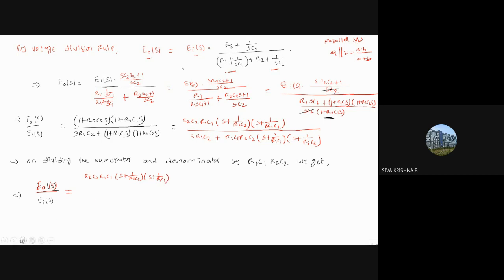This black color indicates the dividing term, right? The red color indicates the actual term divided by it.